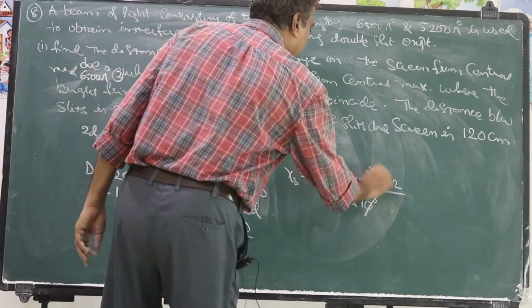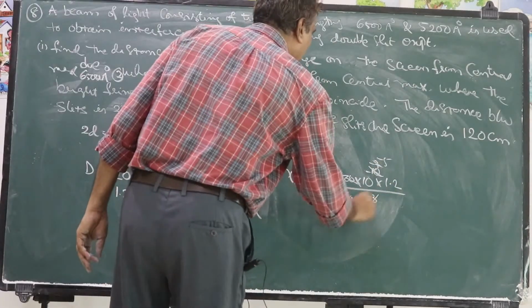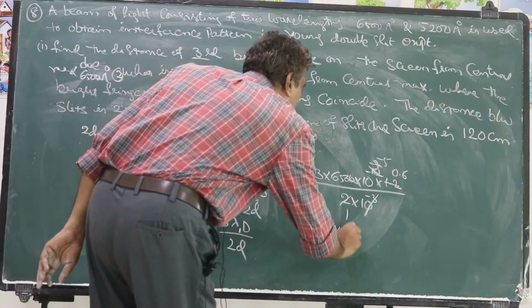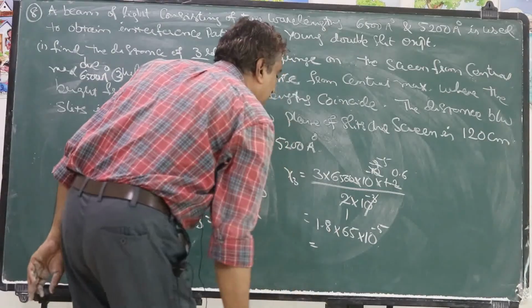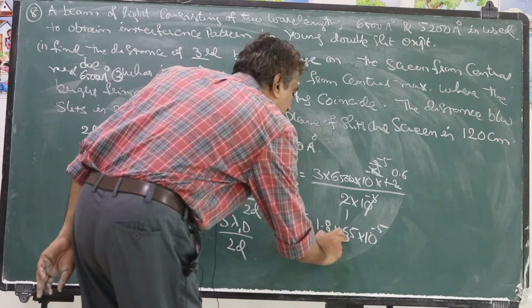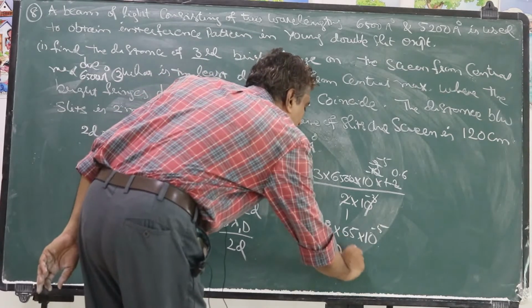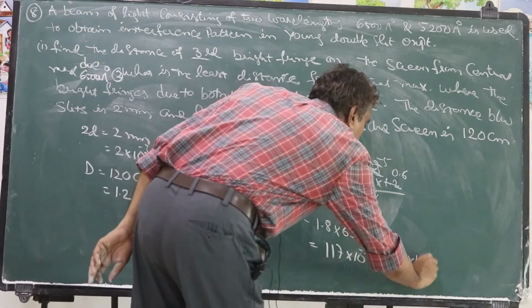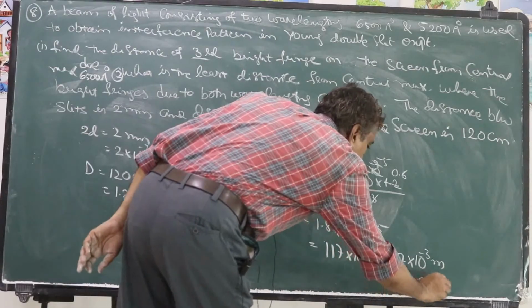So you can cancel out, it becomes minus 7, then minus 5. So this is approximately 1.17 into 10 power minus 3 meter, that is 1.17 millimeter.